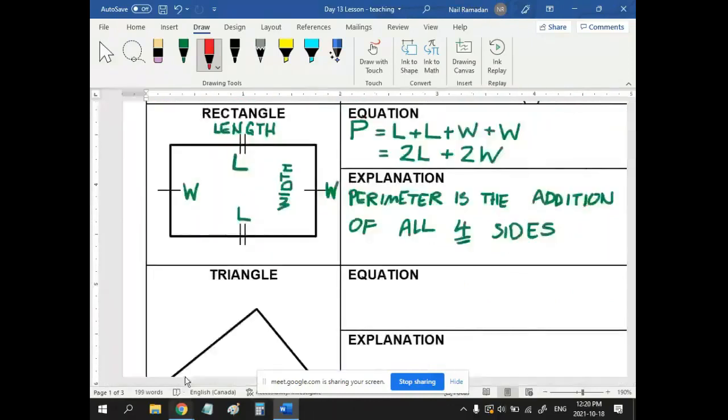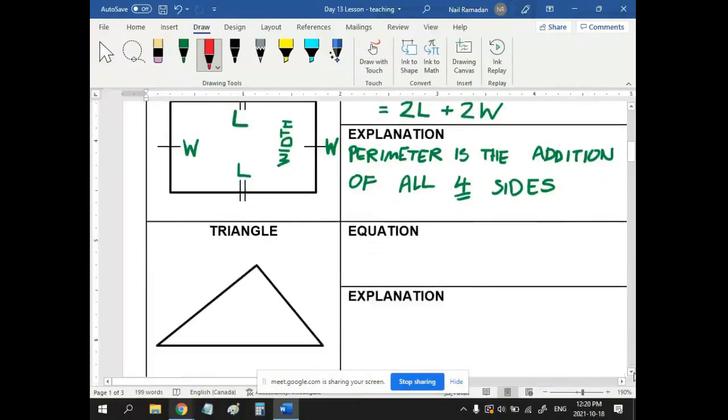Okay, next shape, triangle. How many sides does a triangle have? Okay, so let's call them what, everyone? We are going to call this side 1. So I'm going to call it S1. This would be side 2.